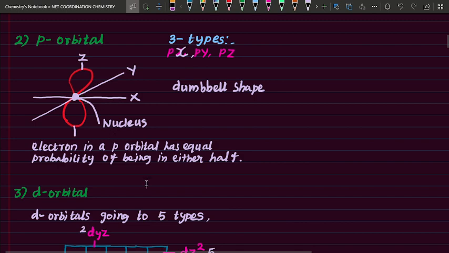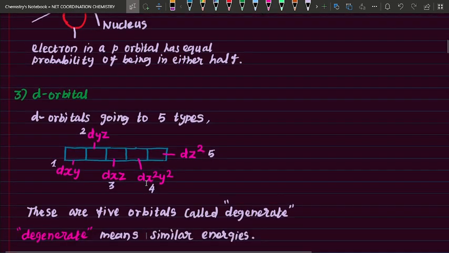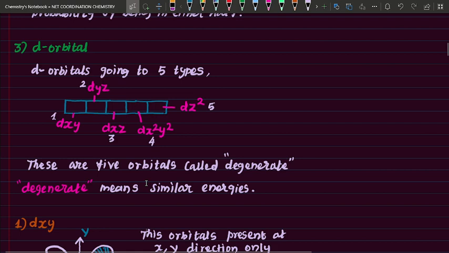Let's see the d orbitals. We need the d orbitals very importantly, because all crystal field theory of complexes depends on the d orbitals. See here, the d orbitals are of 5 types: dxy, dyz, dxz, dx square y square, dz square.